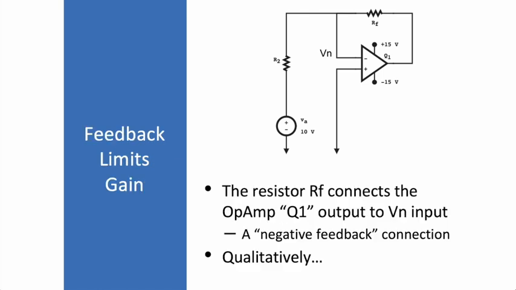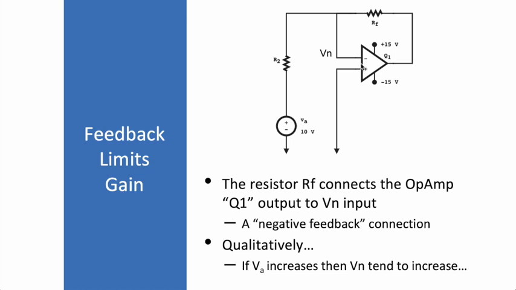So the feedback connection limits gain. Here we see this resistor RF connected between the op-amp's output over here and the VN input. This is a negative feedback connection because we made a connection from the output to the negative input. Now, what does this do qualitatively? Well, imagine if VA increases. Forgetting about the rest of the circuit for a moment, if VA increased, then VN would tend to increase.